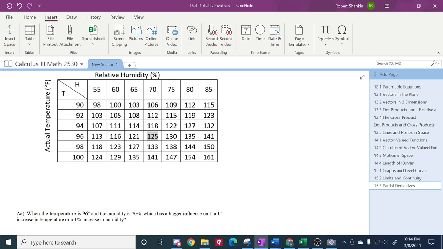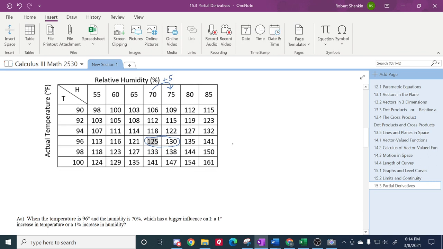Okay, so what you were doing is you were focusing here to here, and you said when H goes up by 5, the I goes up by 5. Increase H by 5, I goes up by 5.